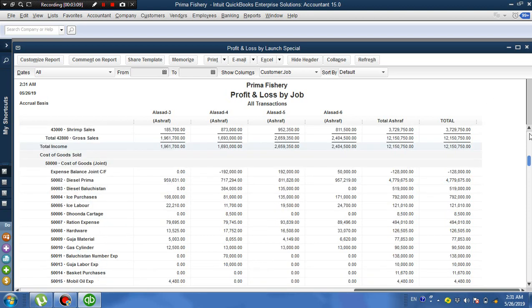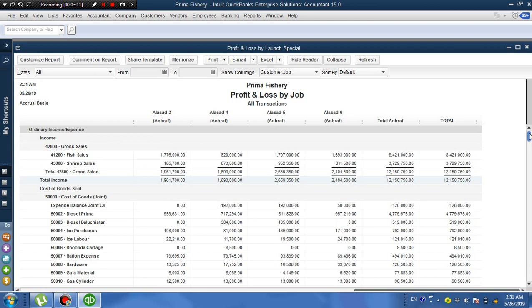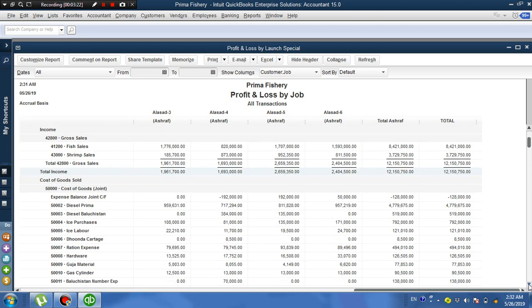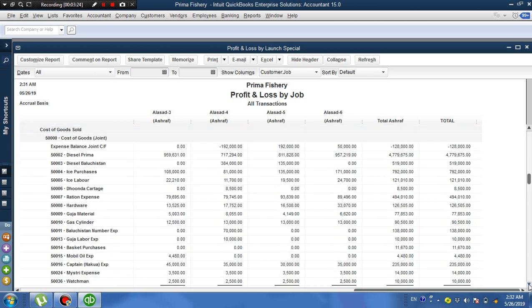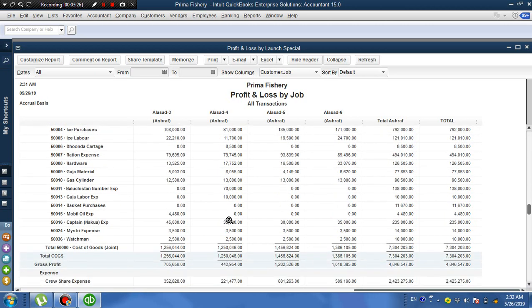Since the fishery business is a partnership between the boat owner and the crew, the fish catching crew which goes in the ocean and catches fish, there are expenses which are charged to the business and charged to both the owner and the crew.